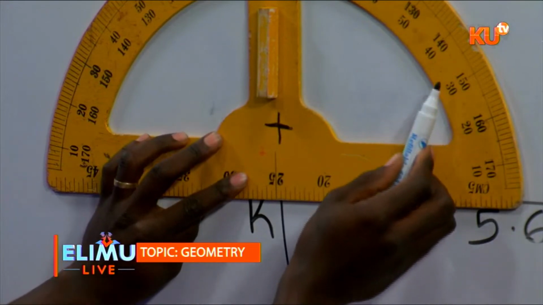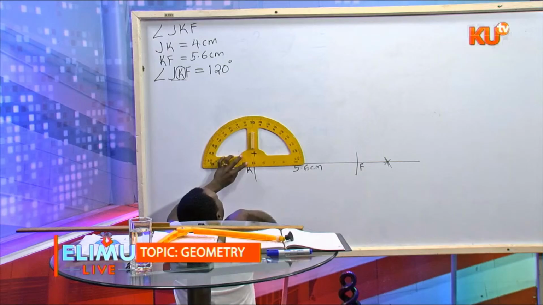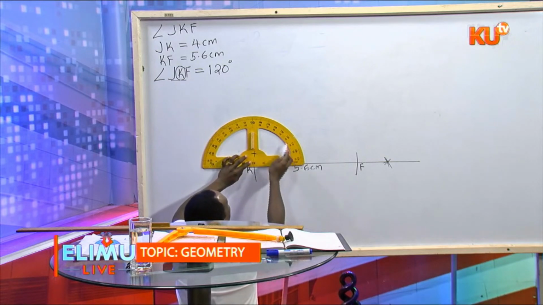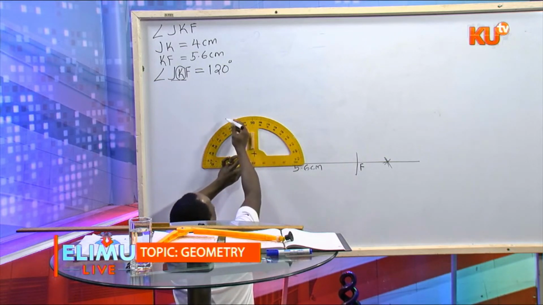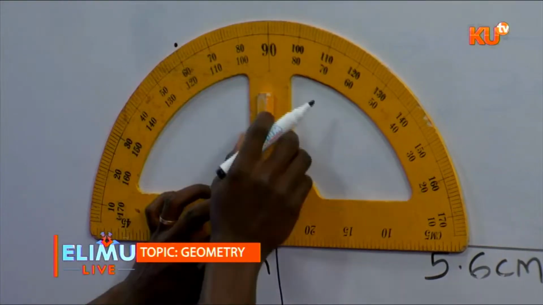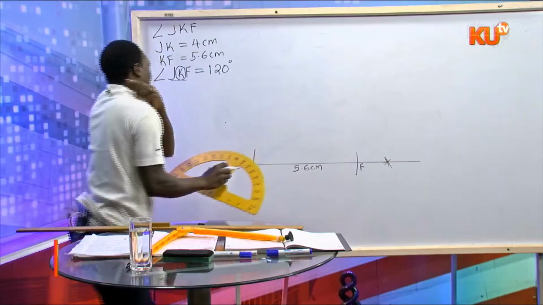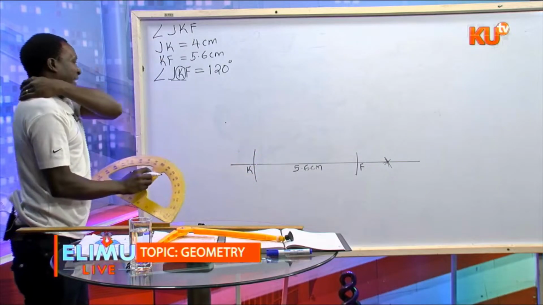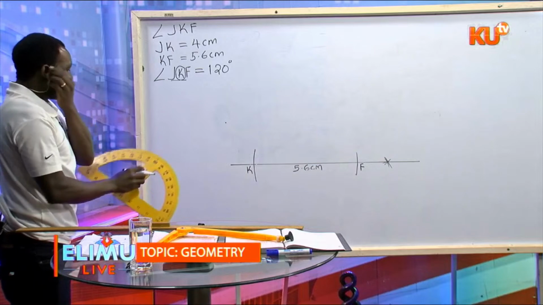So move with the inner scale, we have 120 degrees. Move with the inner scale until where you have 120. Put a mark there and ensure that that mark is visible.